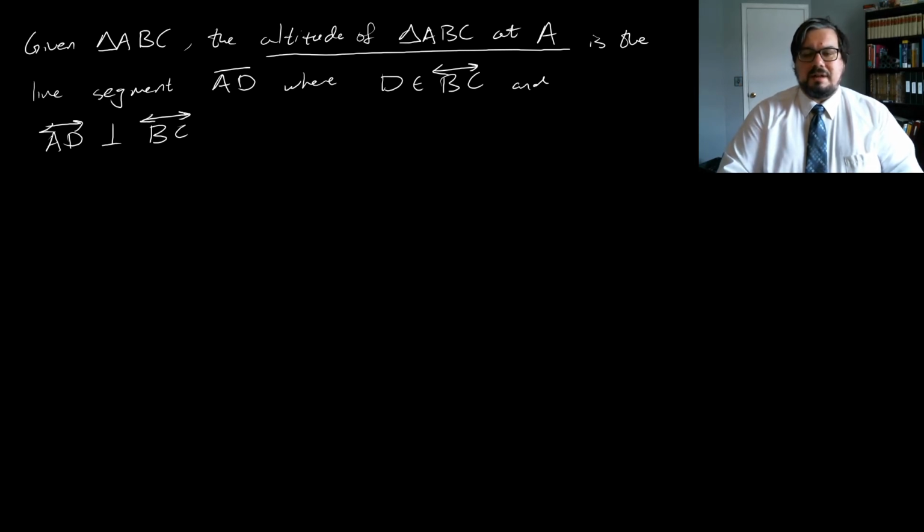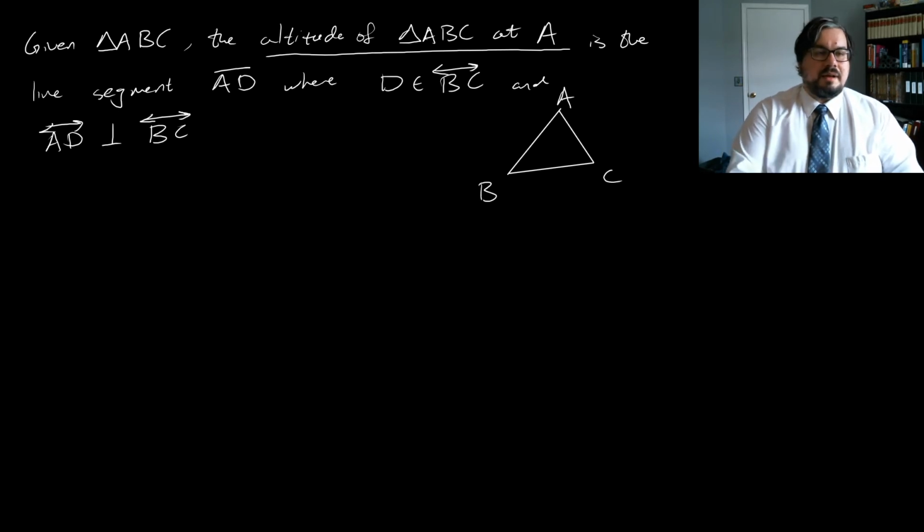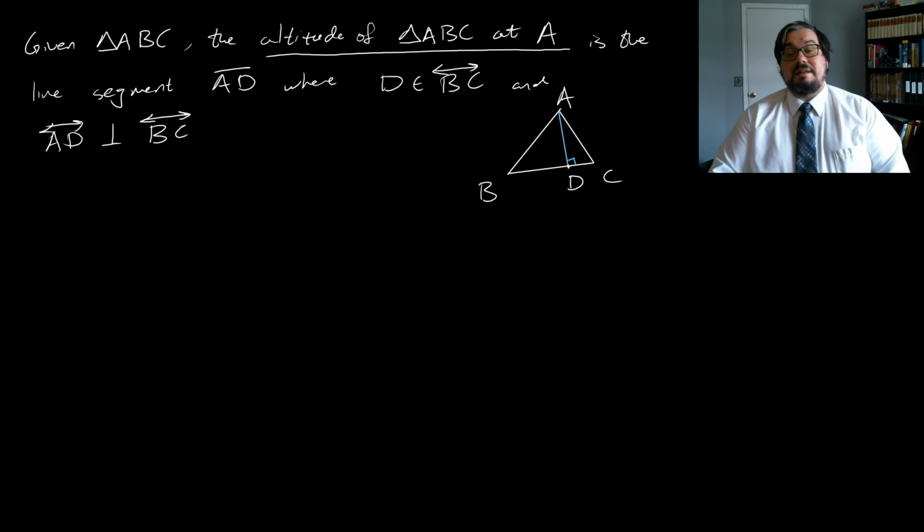So if I've got some triangle here, A, B, C, then the altitude of A would be a segment that comes down here and intersects the line segment BC and is perpendicular to it.